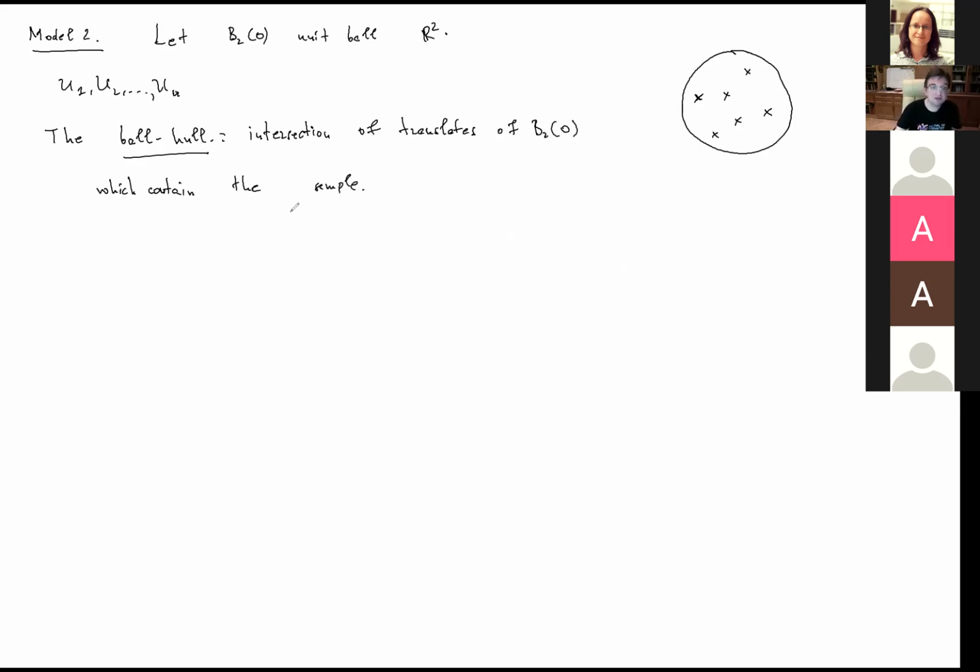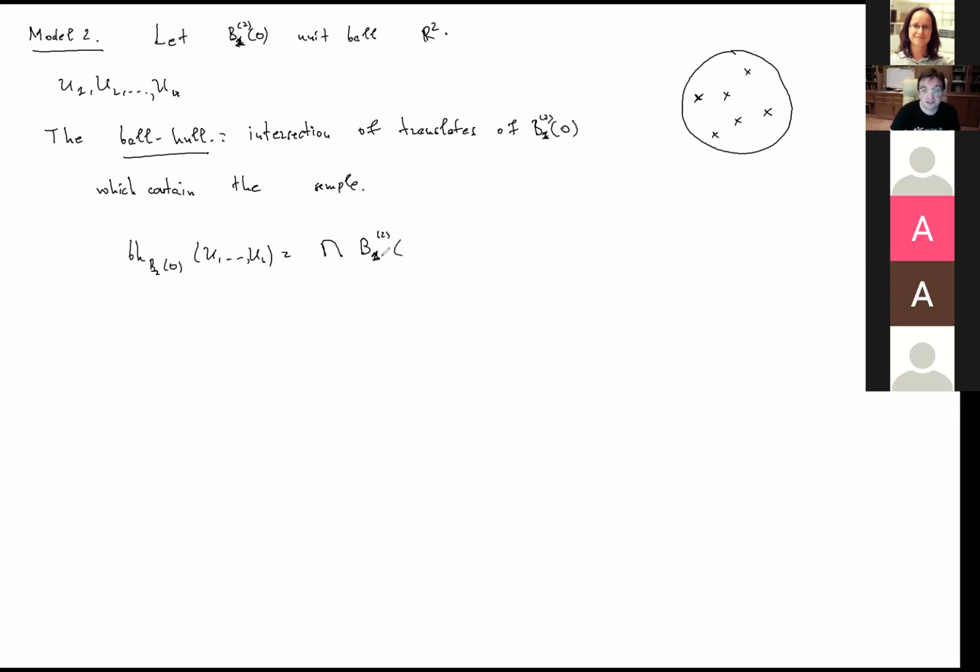So in other words, the ball hull, which I will denote by the hull with index B^2(0) of a sample U_1, ..., U_n, is an intersection of all translates of our unit ball.